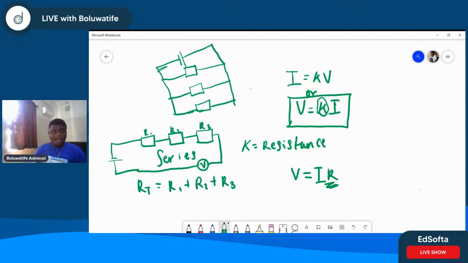So what we have here is R1, R2, R3. Now this is an example of a parallel connection. And why do we say parallel? We say parallel because the resistors are not connected together.